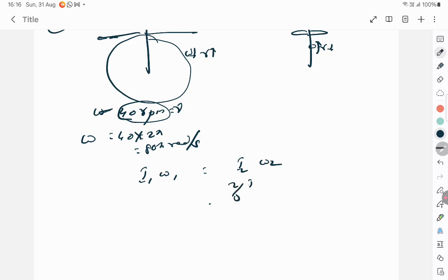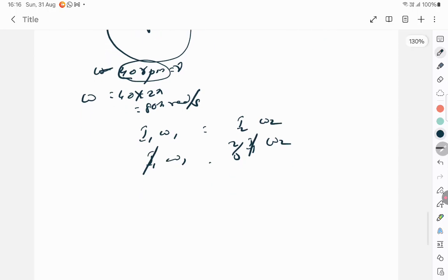So 2/3 of I1 omega 2 is I1 into omega 1, and I1 can get cancelled. So omega 2 is omega 1 into 3/2. Omega 1 is the angular velocity, which we found to be 80 pi. 80 into pi into 3/2 is 120 pi. That will be my omega 2.